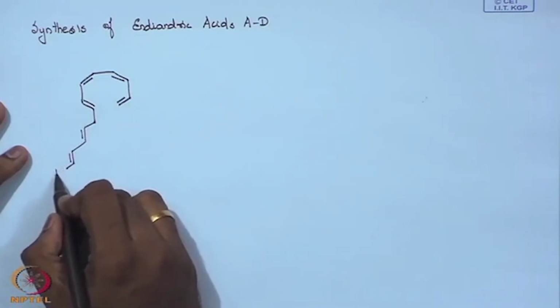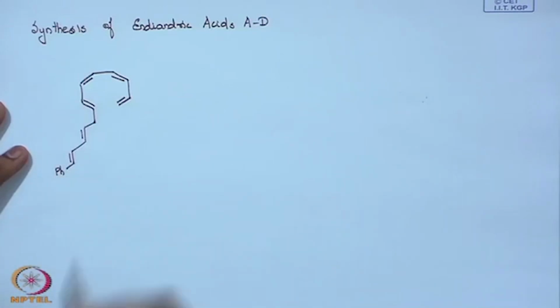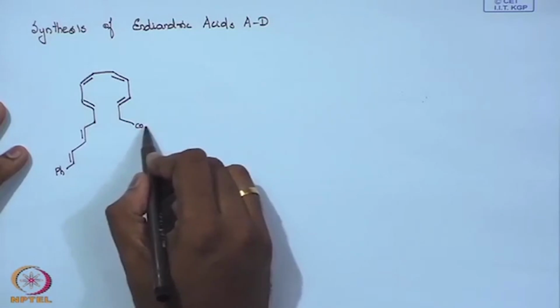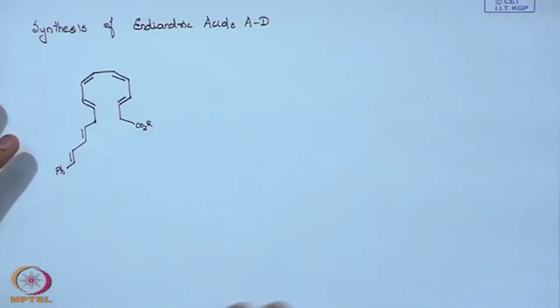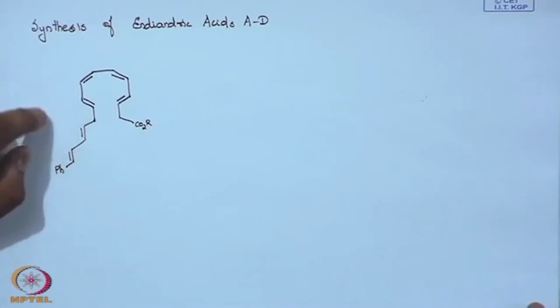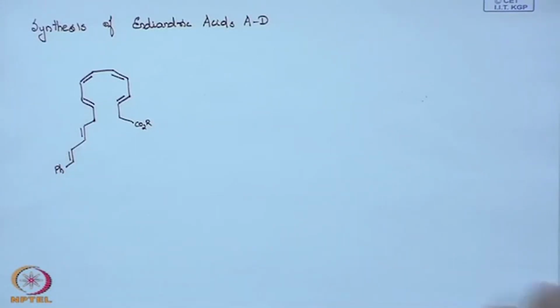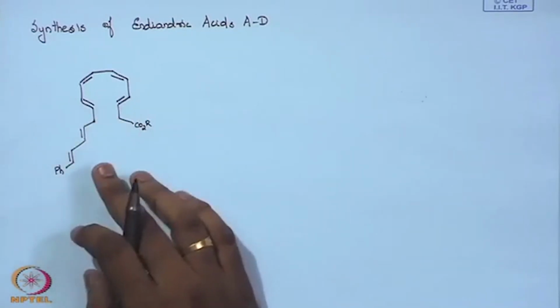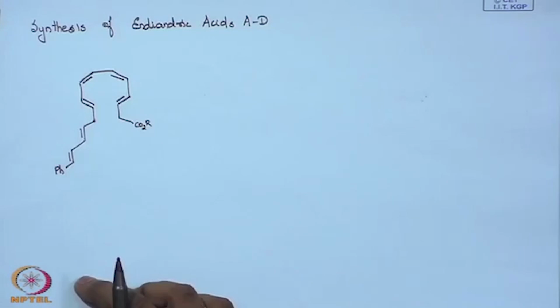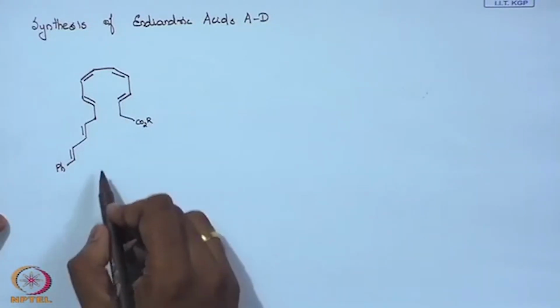We have a phenyl here, fine. Then we will have here a carboxylic acid or you can have CO2R. And you know how I have made this compound. If you refer to the first problem, you can have an alkyne type of system where you use your Lindlar catalyst and reduce to get this one. Now, what happens to this?